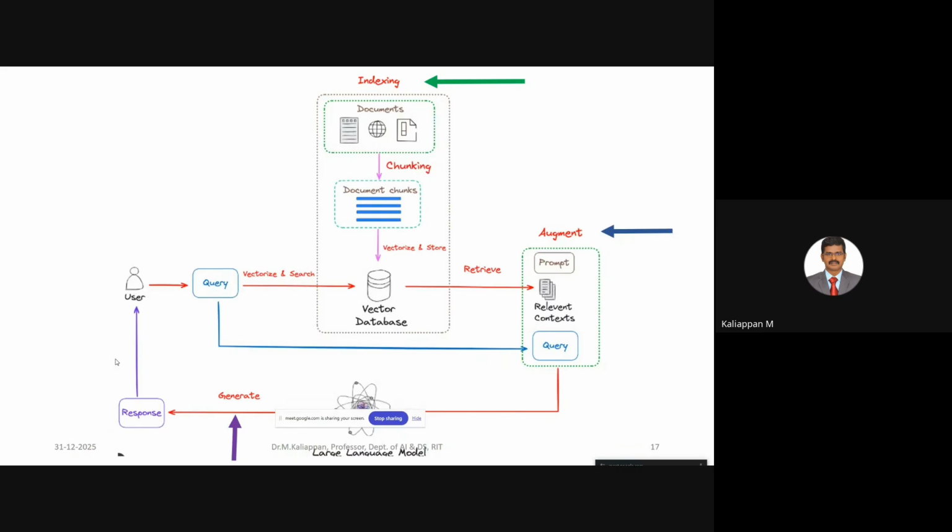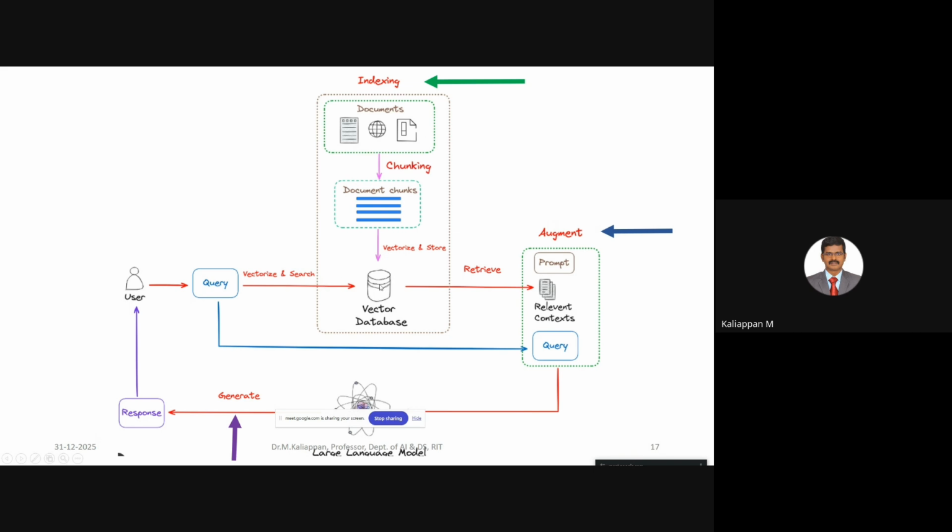This is another typical architecture of RAG. Each document is split into different chunks, and those chunks are converted into vectors, and all the vectors are stored in the vector database. The user gives the query, then this query is converted into a vector.